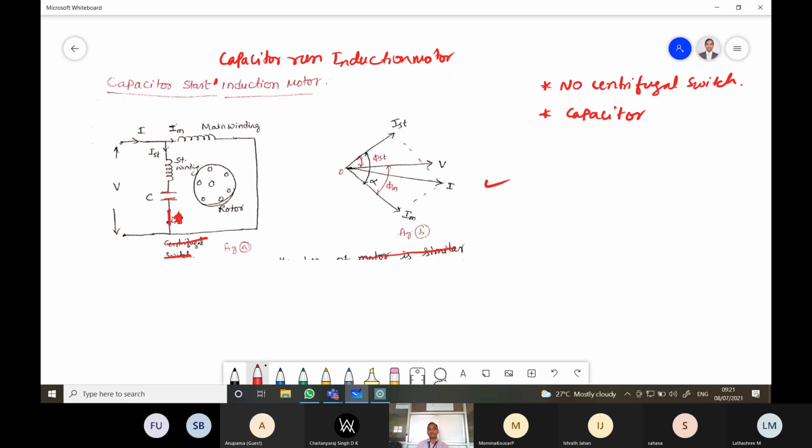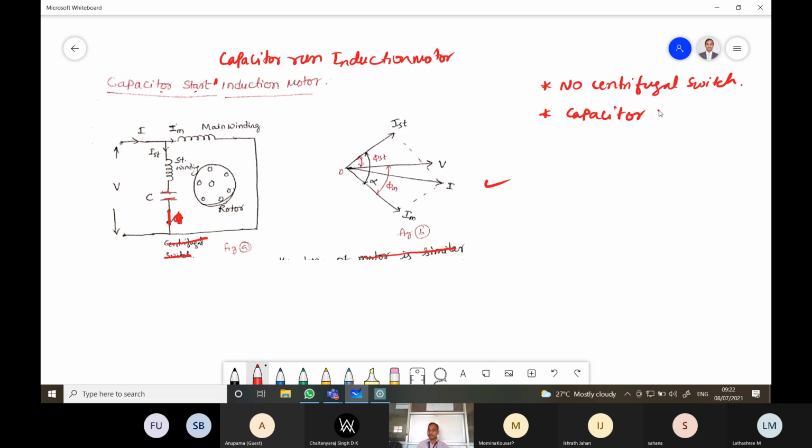At the time of the running period, the switch will be open and the capacitor and starting winding will be disconnected in the capacitor start induction motor. Only the main winding will be present. But in the capacitor start and capacitor run induction motor, the capacitor will remain permanently in the circuit even in the running condition. That is the difference between the previous one and this one.